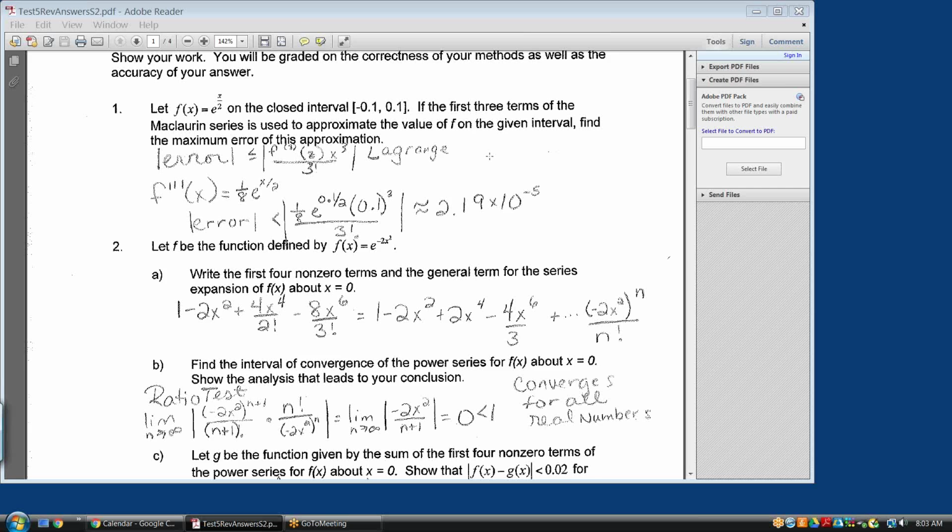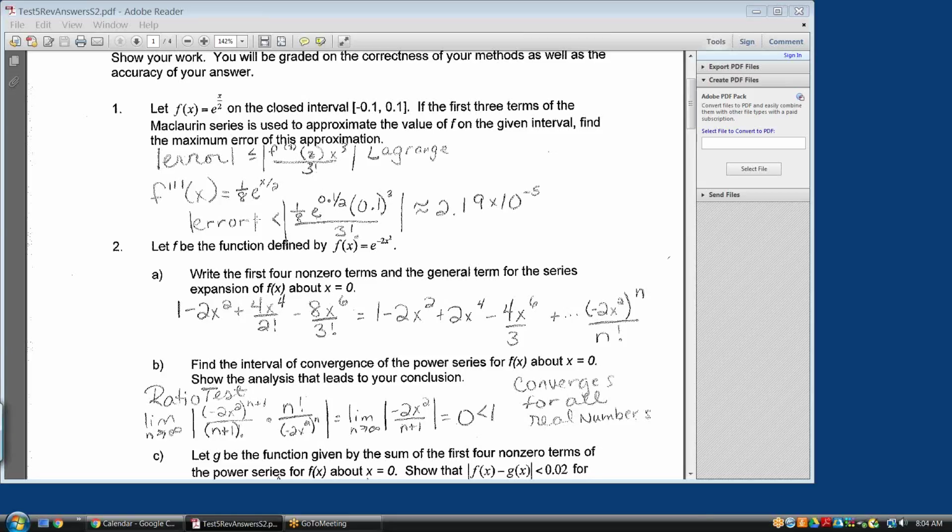So what she's basically done is she's calculated the third derivative, which is 1/8 e to the x over 2. Now, why she has a 0 there, I'm not sure. I think she means x.